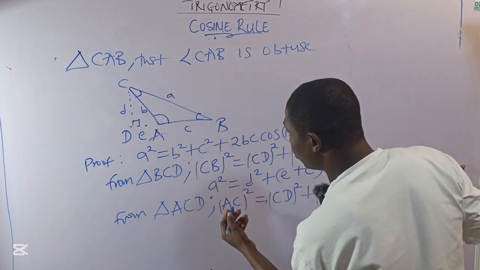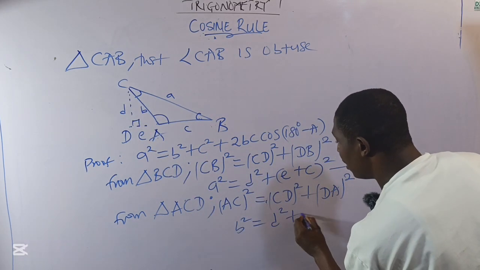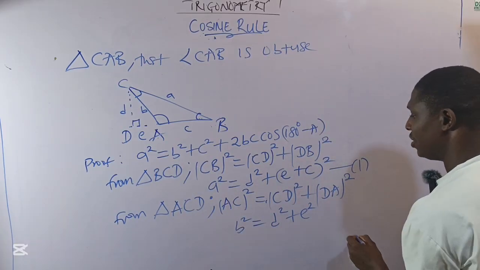And AC here is b. So I have b square equals CD, which is d, d square, plus DA, which is e. So I have e square.